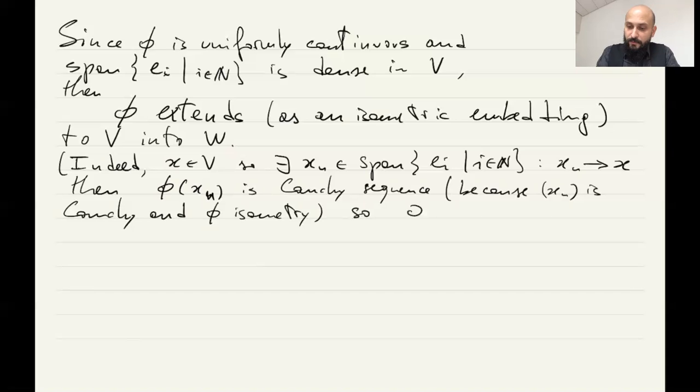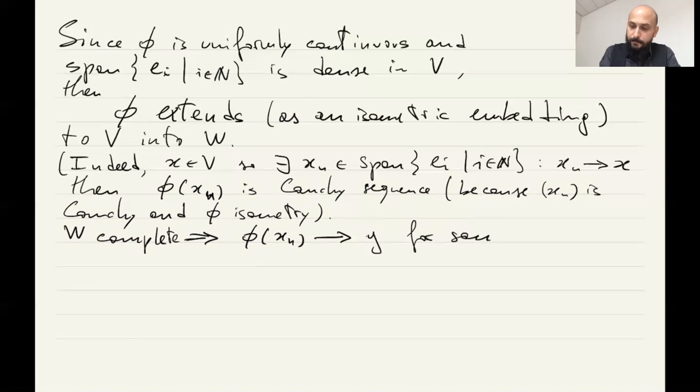So phi of x_n, W complete, because it's Hilbert, implies that phi of x_n converges to something y, for some y in W, and we set phi of x equal to y.